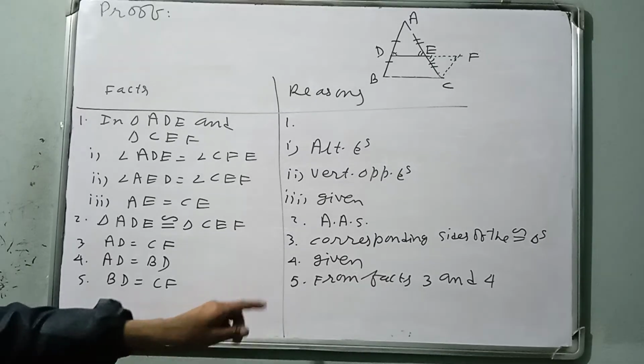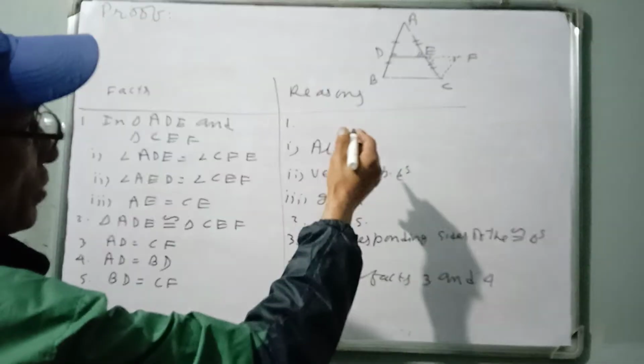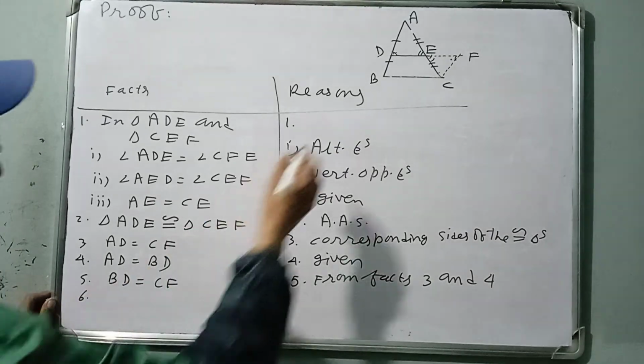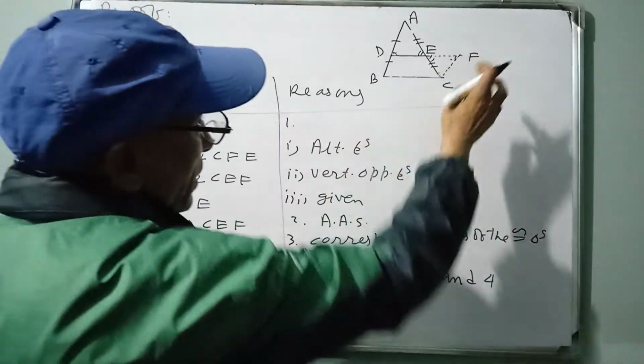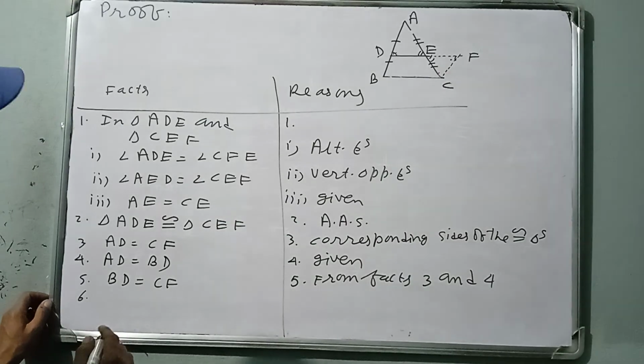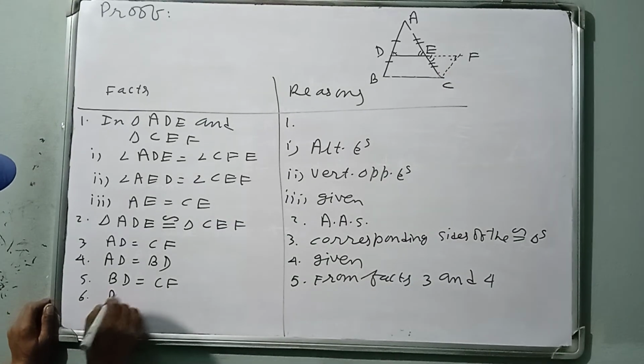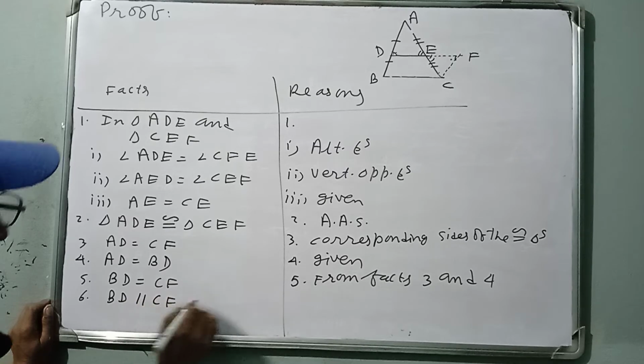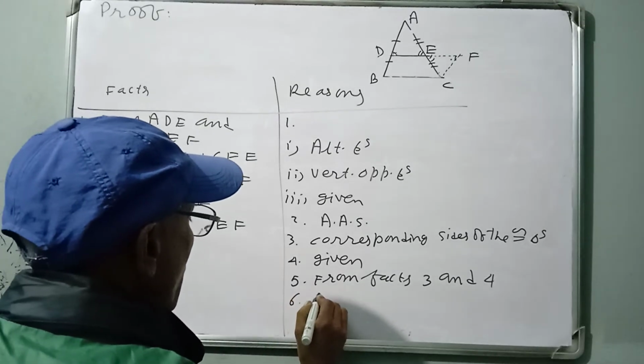BD equals CF, but BD and CF are already equal and parallel by construction. BD is parallel to CF by construction.